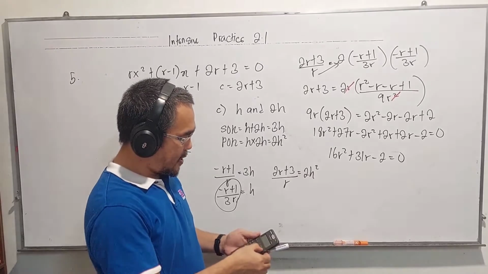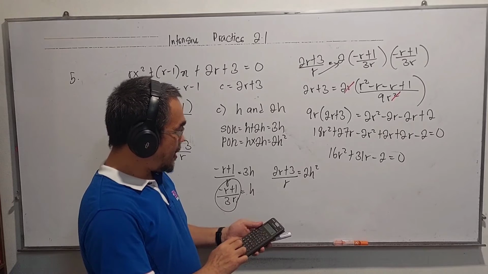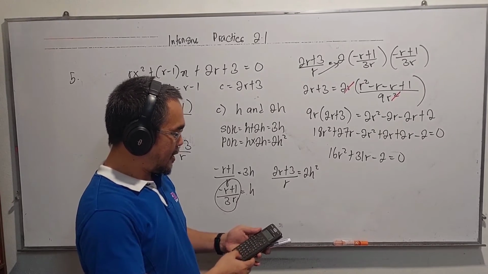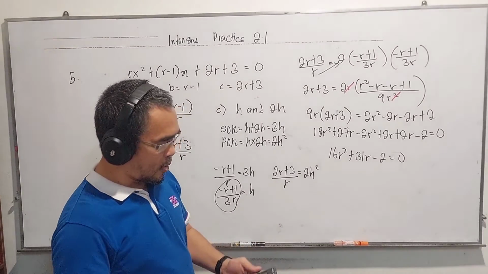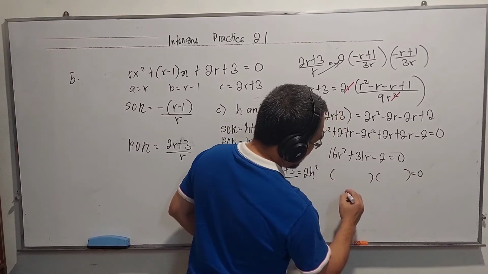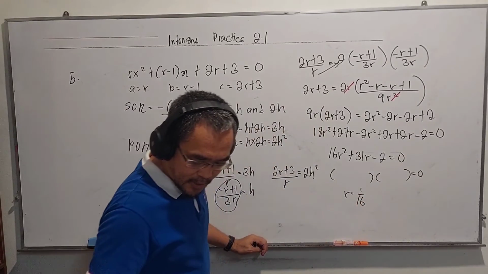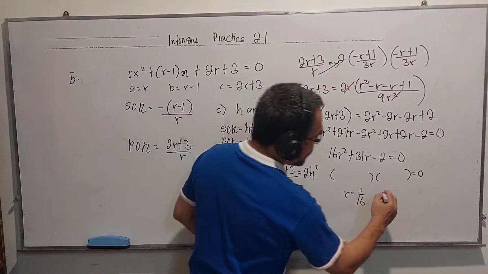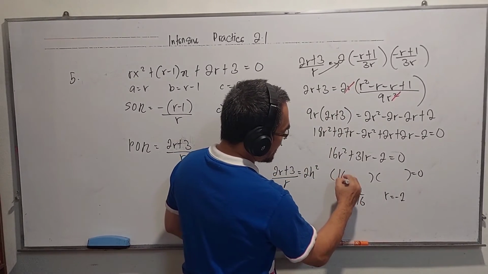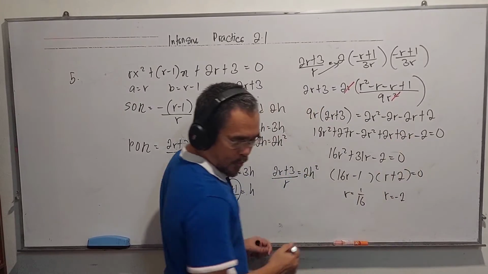Then seek help from the calculator. A is 16, B is 31, and C is negative 2. So I got the first value of r as 1 over 16, then the second value is negative 2. So the factorization will be (16r minus 1)(r plus 2).